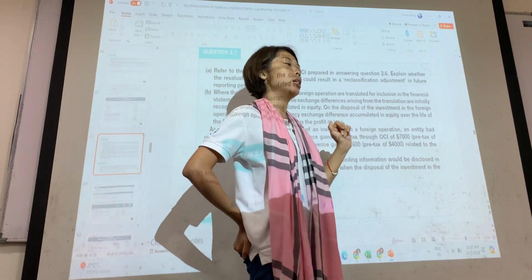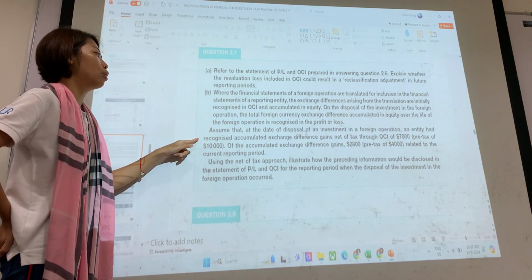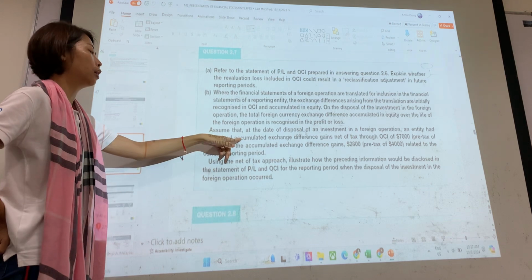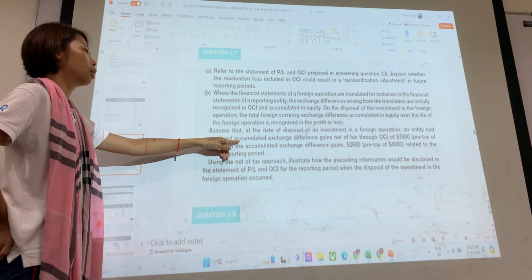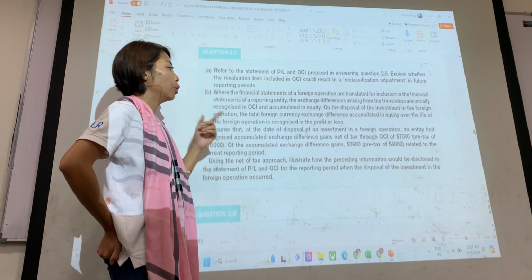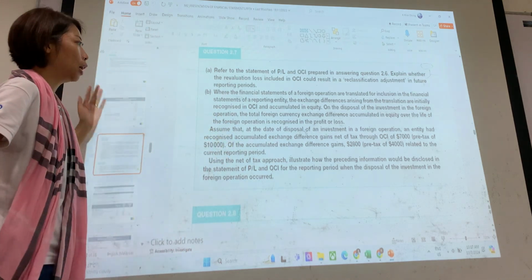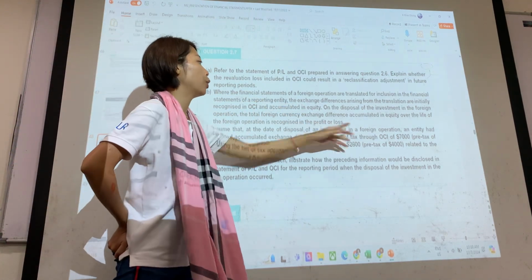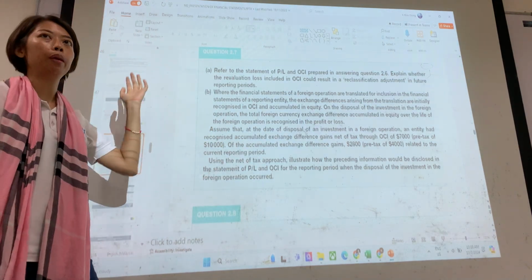Okay, very long. What does it mean? Now, recognize means you recognize in your balance sheet already, accumulated, right? So this is actually the closing balance, right before disposal. We want to zeroize it, we want to derecognize it later on. So accumulated is from day 1 we had our foreign operation until today, right before disposal.